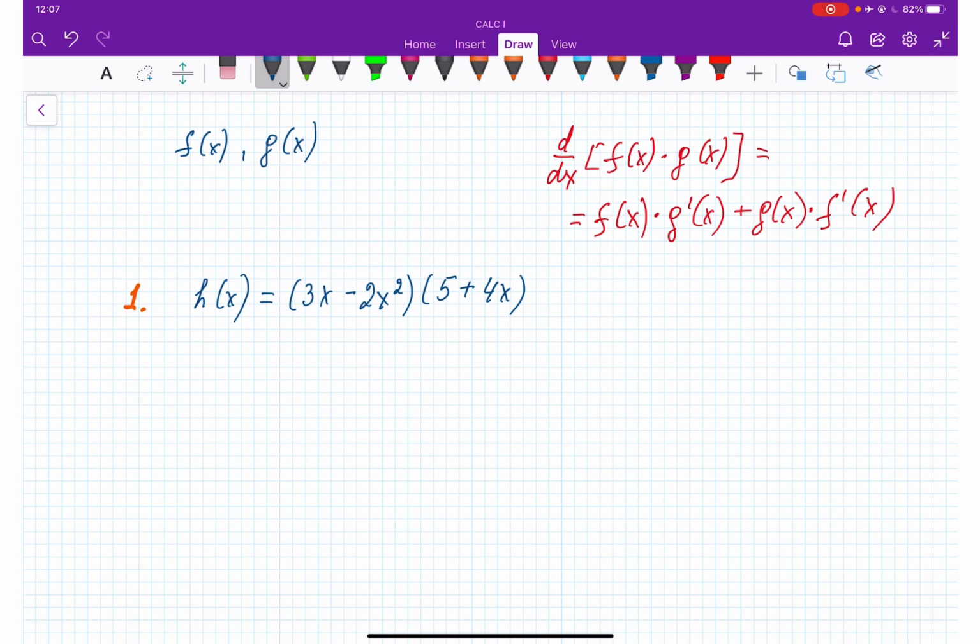Okay, based on the product rule, the derivative h prime of x is equal to 3x minus 2x squared multiplied by (5 plus 4x) prime, and then plus (5 plus 4x) multiplied by (3x minus 2x squared) prime.